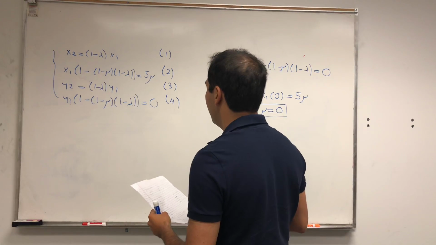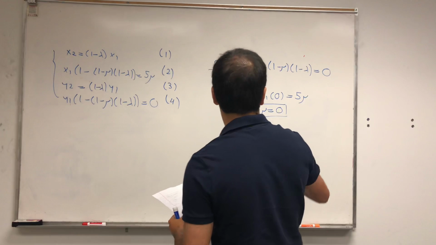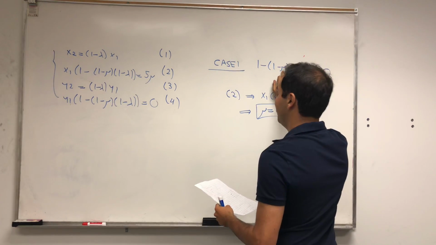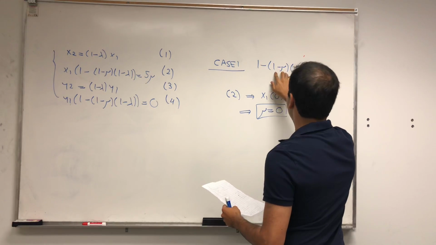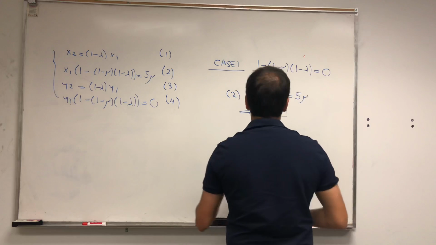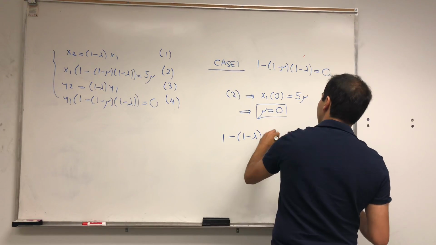Okay, and then what we get is that, yes, if nu is 0, then we get that, if mu is 0, this is 1, and so we get 1 minus lambda equals 0.